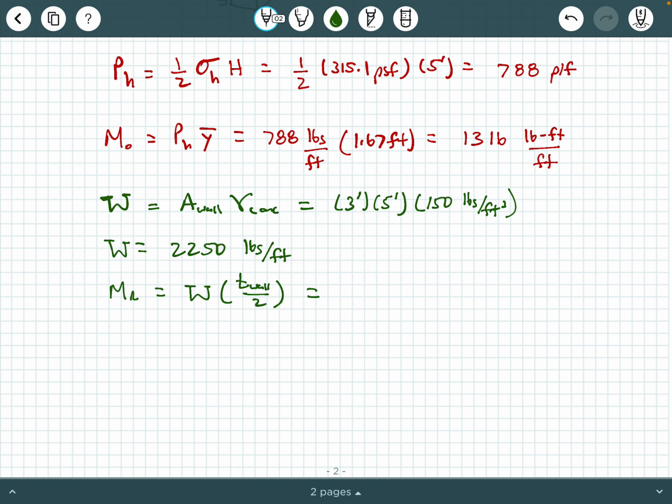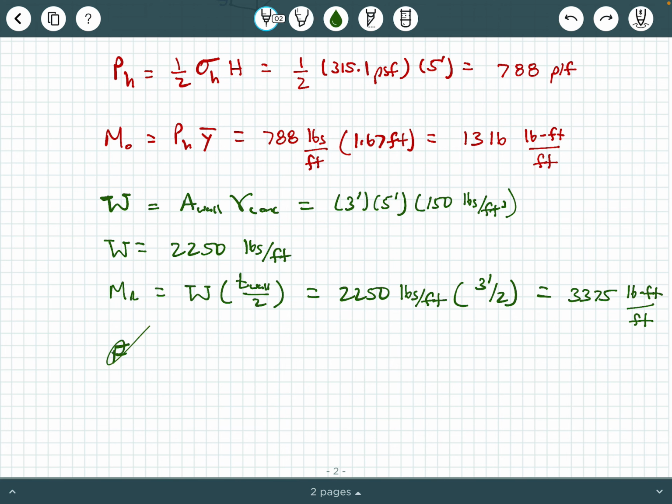So that's going to be 2,250 pounds per foot times 3 feet over 2. And so that's going to be 3,375 pound-feet per foot. Track those units.